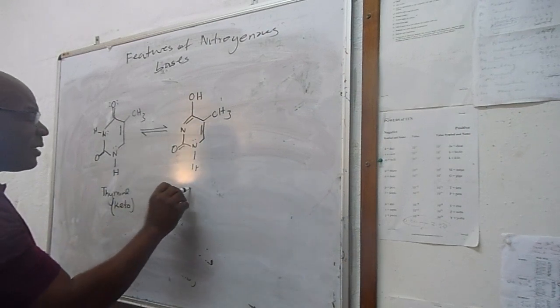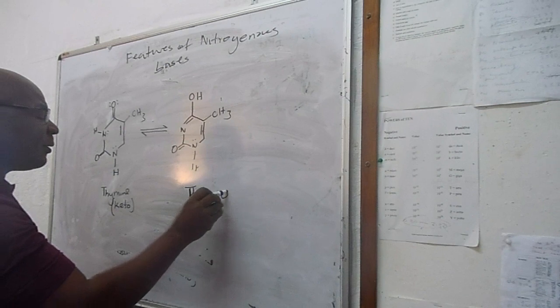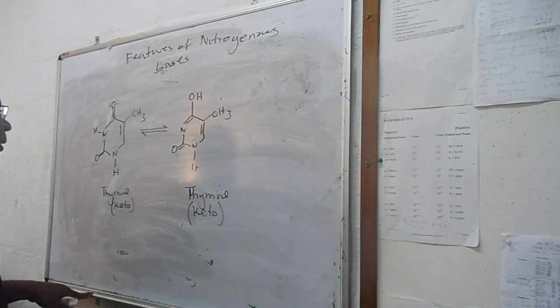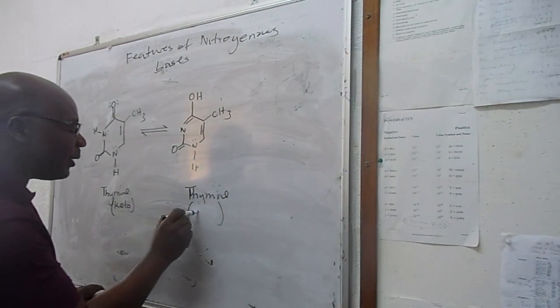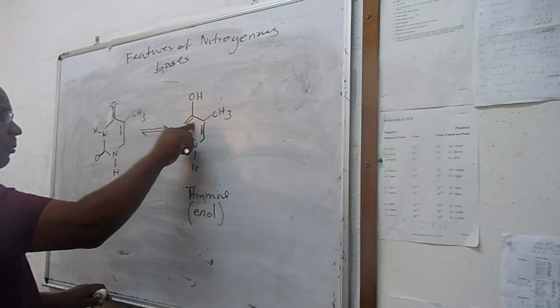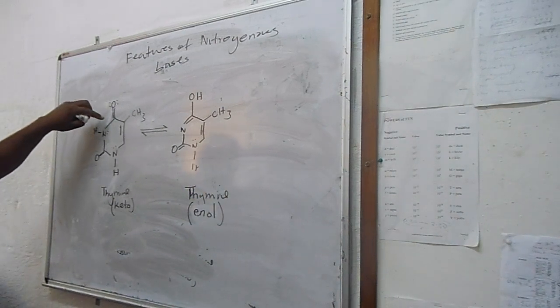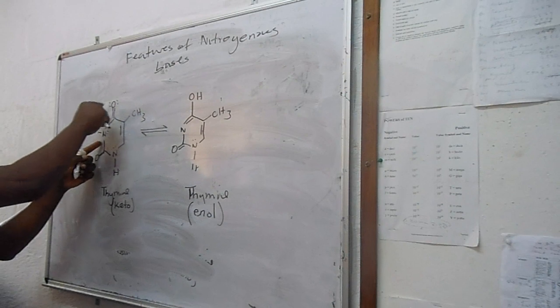So we would say that this is the keto form, and this is the enol form. Alcohol and a double bond. But we can also say that this is an amide. You can say it's a cyclic amide.